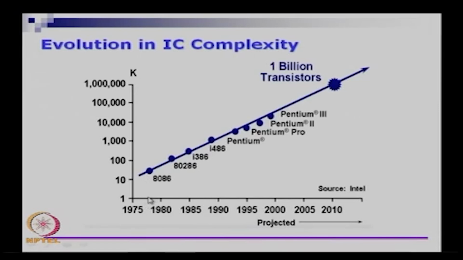In year 1978 or so, 8086 was designed with somewhere like 20,000 to 30,000 transistors. I386 was a computer that was designed in 1982 to 1983 time frame. This had a few more than 100,000 transistors. Pentium, which is slightly before the time you were born probably, was designed in 1995. It had about 1 million transistors.